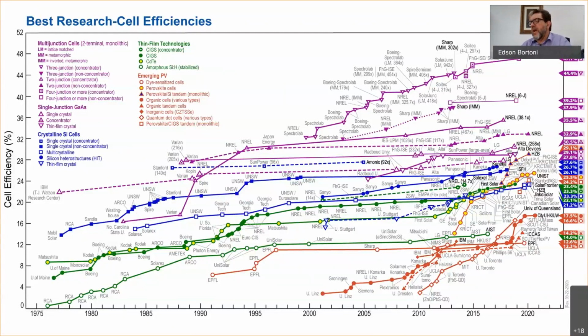But what we have in the market is about 70%. It's a red filled circle. It's organic cell, various types of organic cells. We are here in the market.